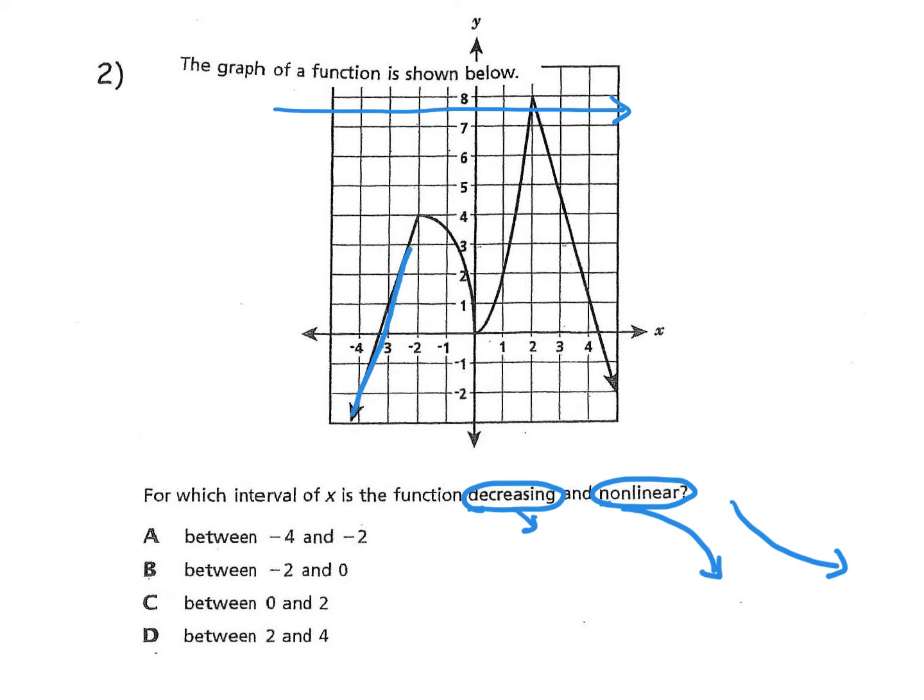Here, it goes up in the first section. In the next section, it curves downward. This is curved and decreasing. In the next section, it is nonlinear, increasing. And in the final section, it's linear and decreasing.